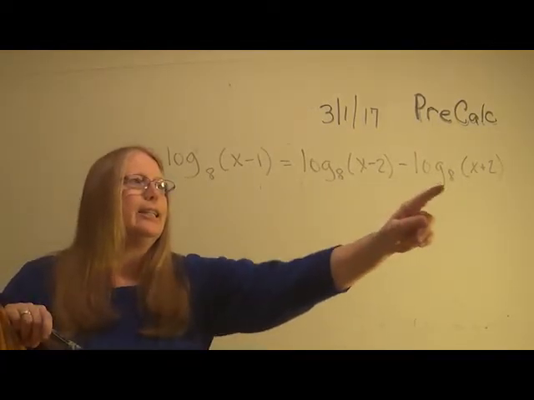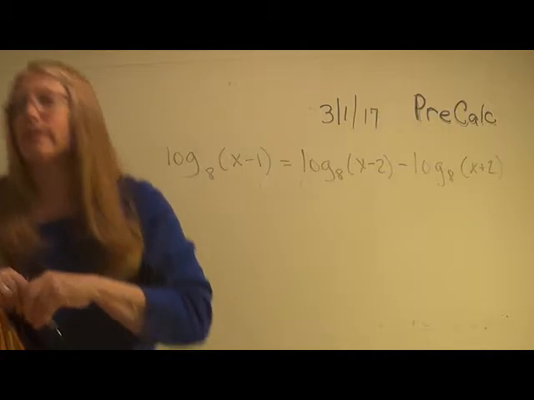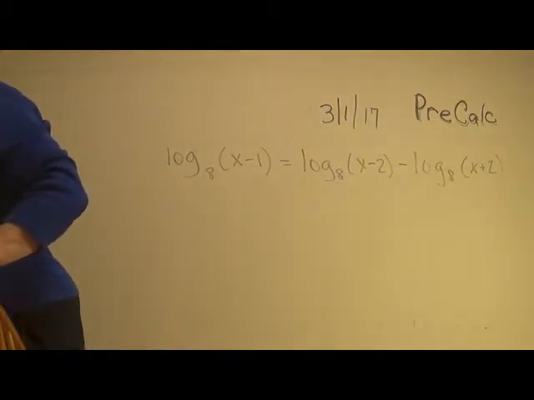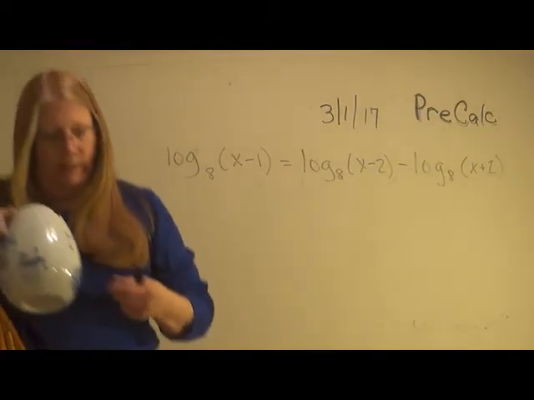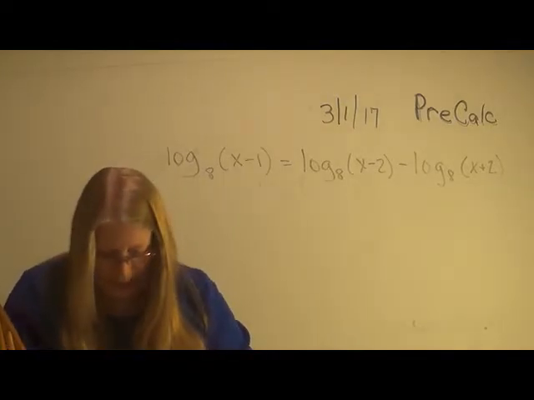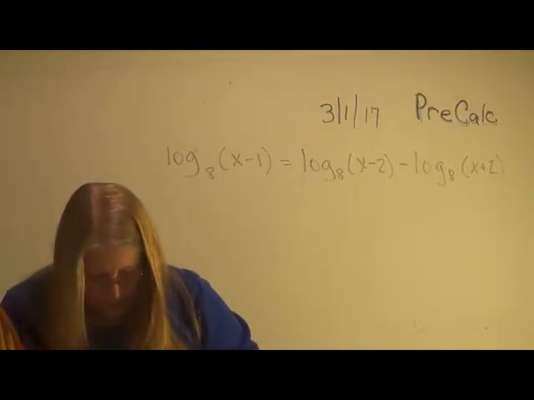So how will I take those 2 logarithms there on the right and make it into 1 logarithm? Let's see if one of my other pens will write any darker than this one.